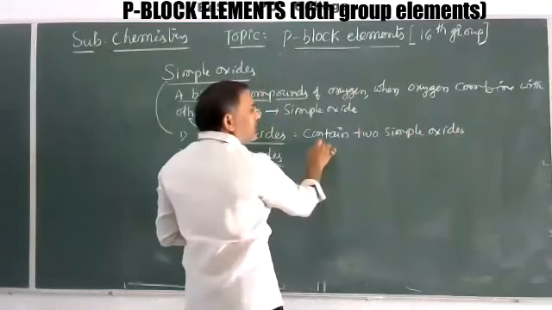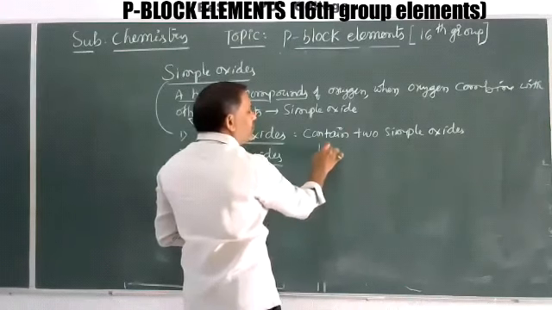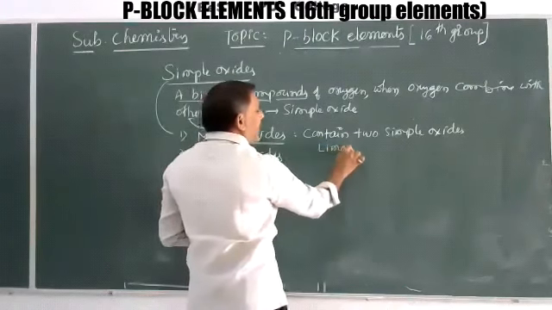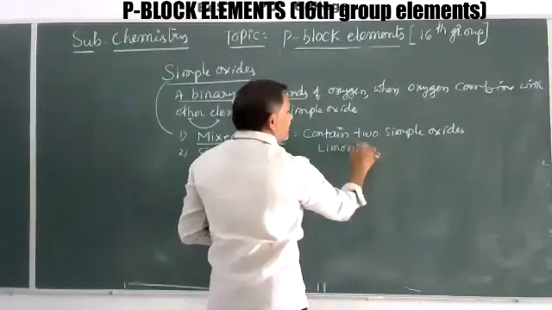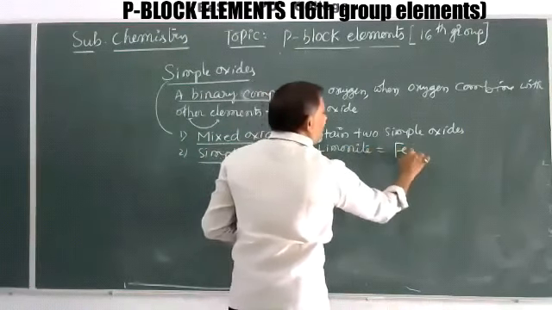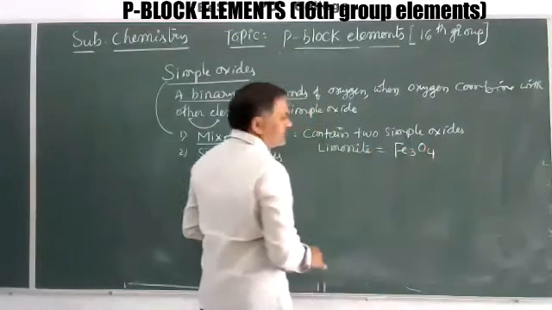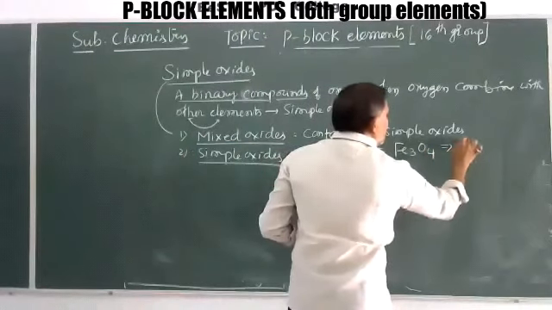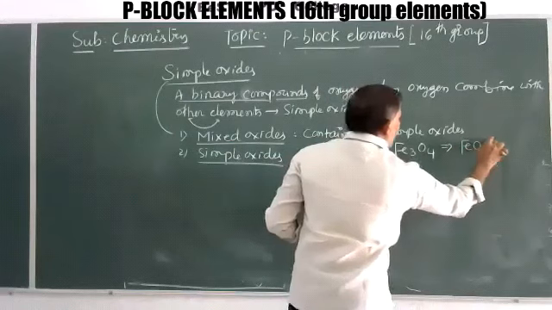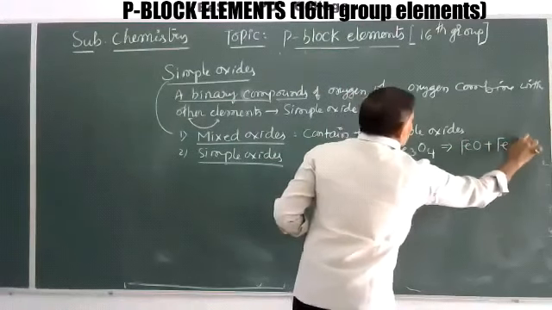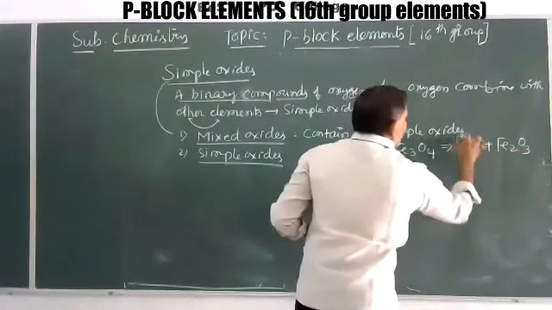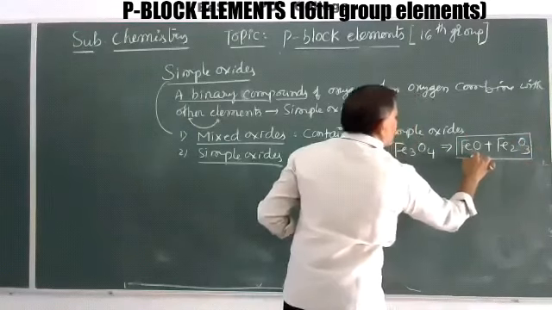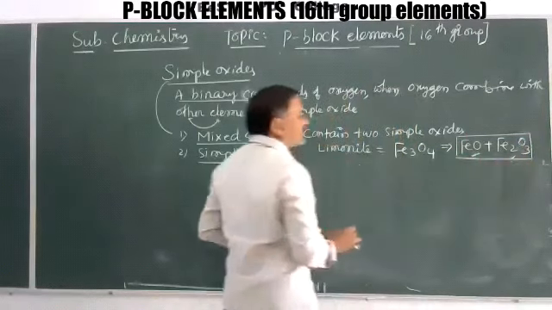For example, as explained in metallurgy, one simple example is magnetite, Fe3O4. That is the combination of FeO plus Fe2O3. Two simple oxides are there: one is ferrous oxide, another one is ferric oxide.